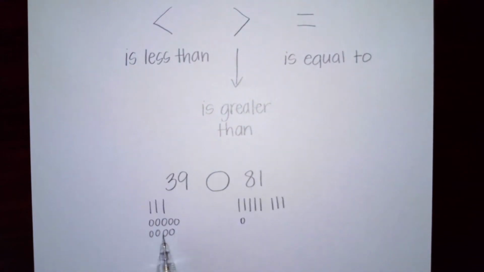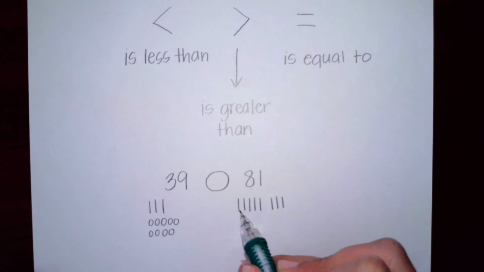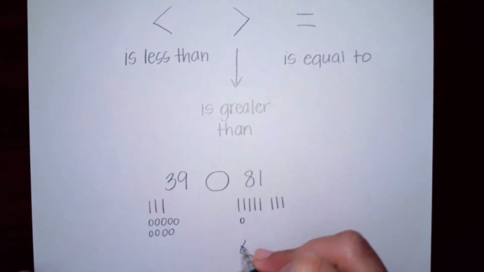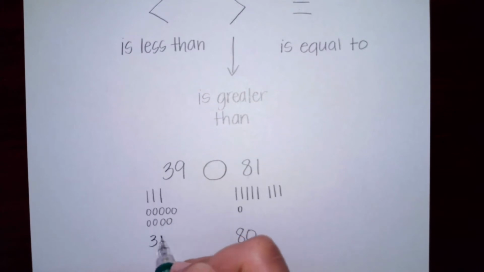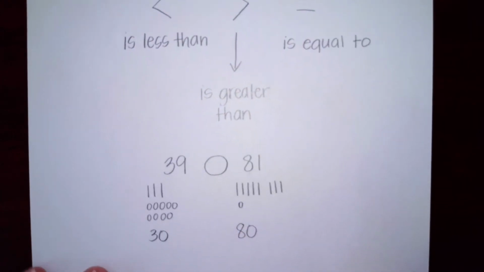So I'm going to ignore my ones for now, or actually on this problem altogether. And I have 3 tens and 8 tens. So if I have 3 tens and 8 tens, which one of those is bigger? 8, right? So this has a value of 80, and this one has a value of 30.